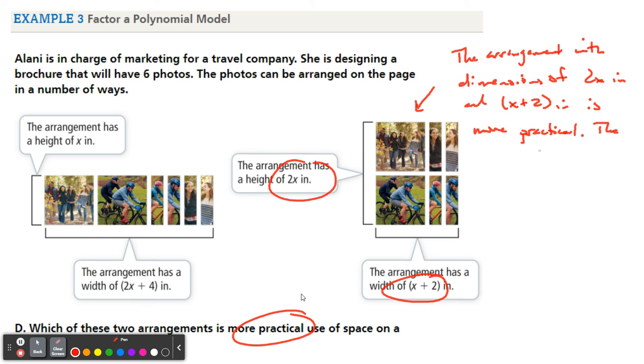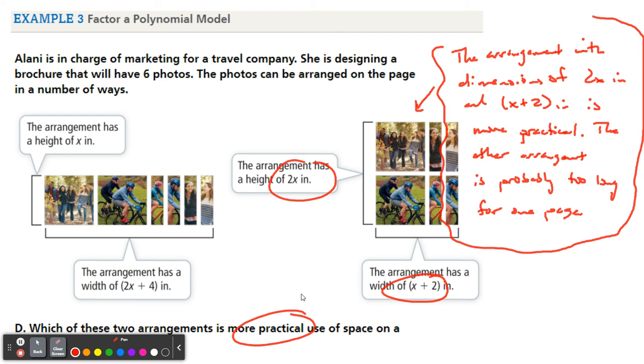And we could say the other arrangement is probably too long for one page. And there you go. So again, just in your own words, why this arrangement is better. But understand that there are multiple ways to arrange this. You get the same area, the same use of pictures, just one is better than the other.